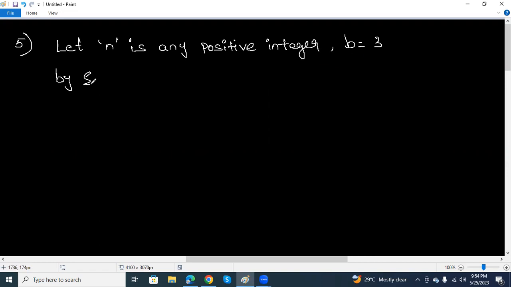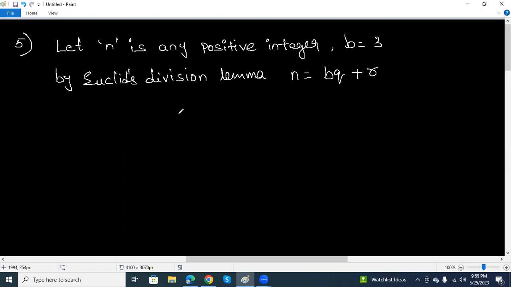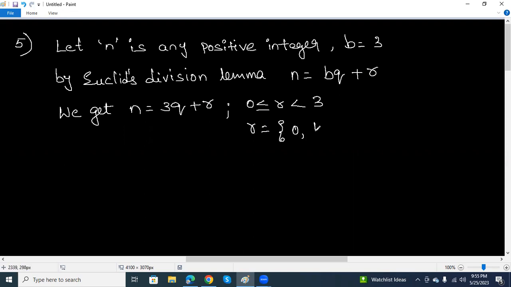By Euclid's division lemma, n is equal to bq plus r. That means we get the same steps. N is equal to 3q plus r. So here the r value is less than 3. That means r values are 0, 1, 2.